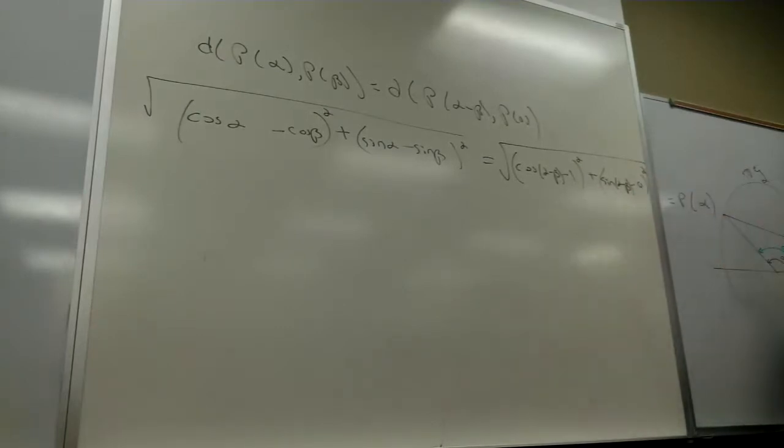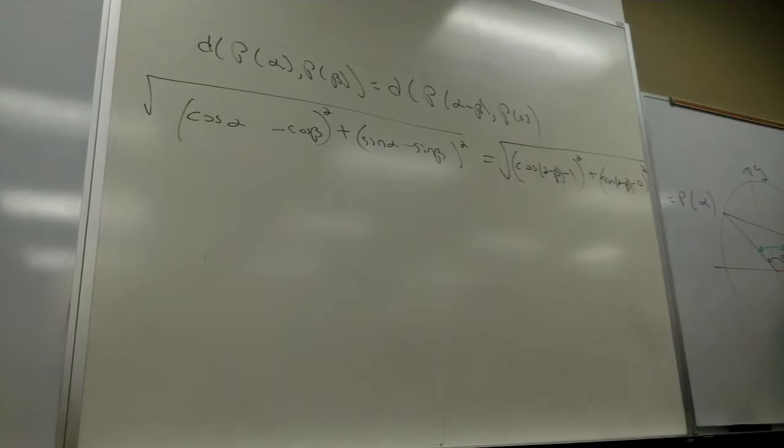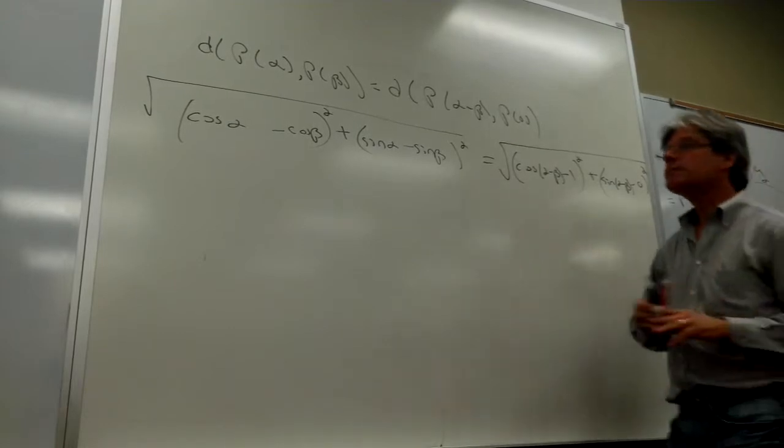Shoot, that looks too sloppy. Number one, can I get rid of the square roots by squaring both sides? Number two, you allow me to come in here and expand those binomials. I think that gives me this.